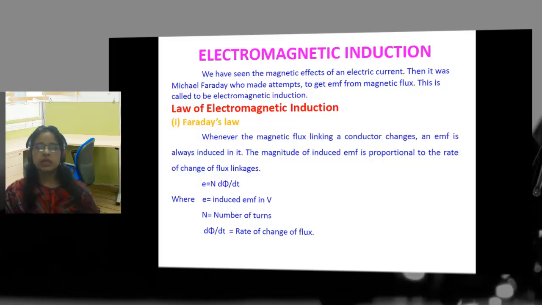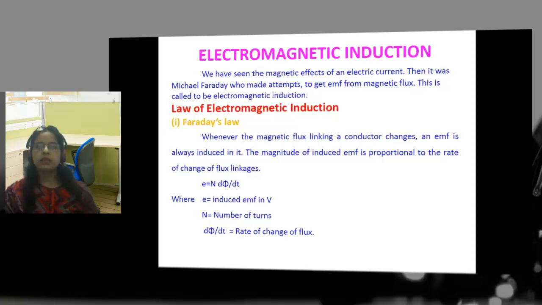The magnetic flux created is not instantly created to, suppose, 100 and again becomes 0. It slowly increases from 0 to a certain value, right? So there is a change in flux, a change in the value of magnetic flux.